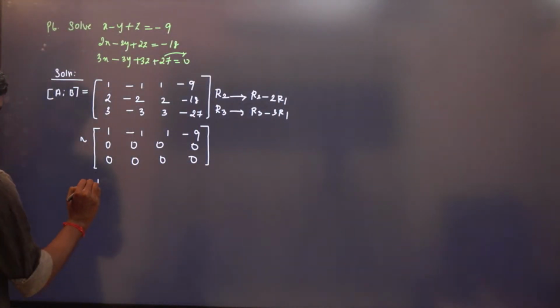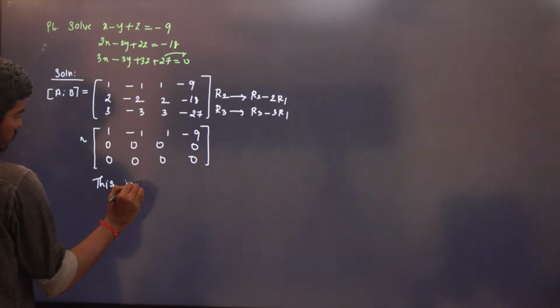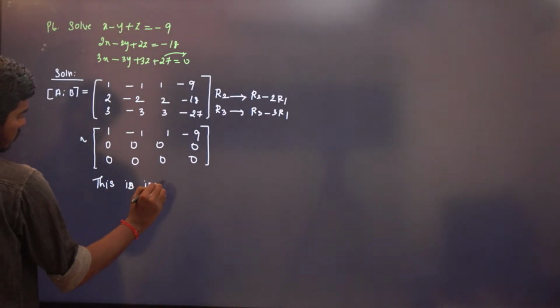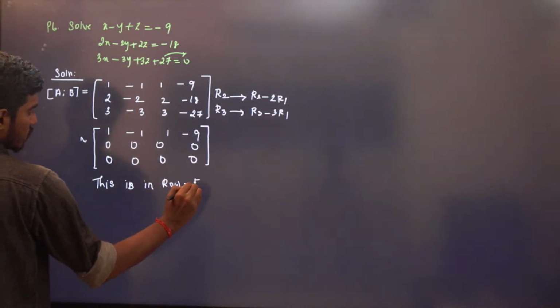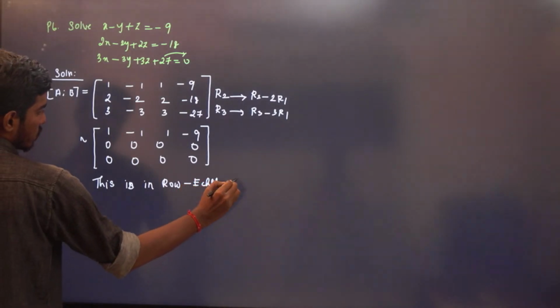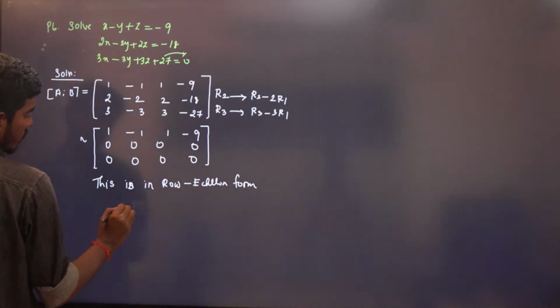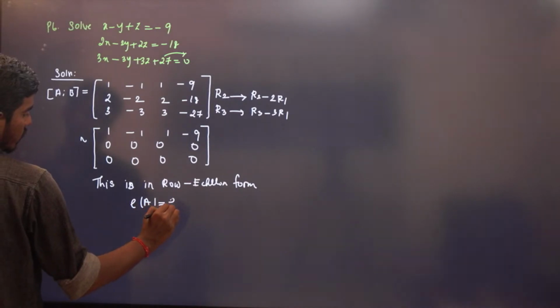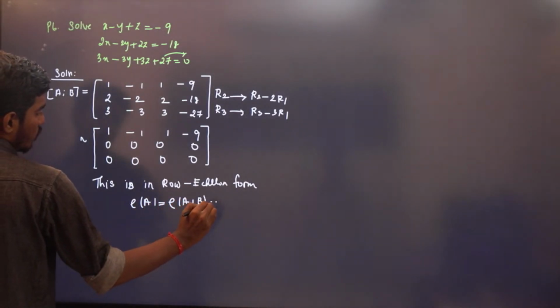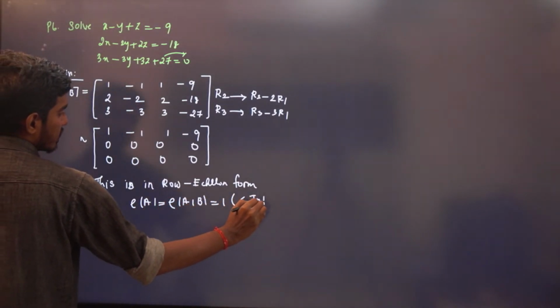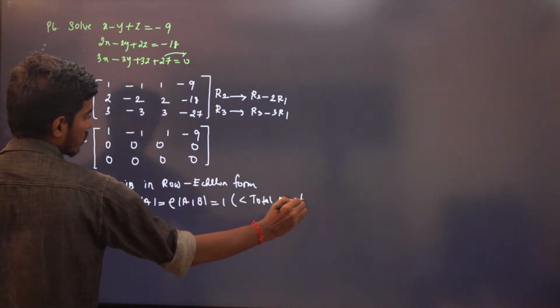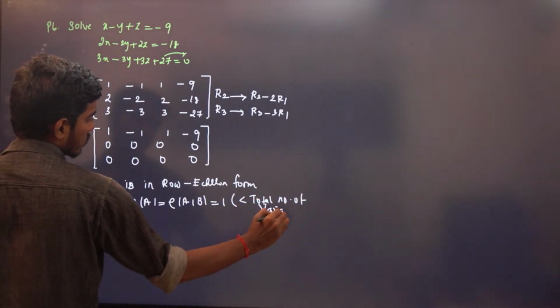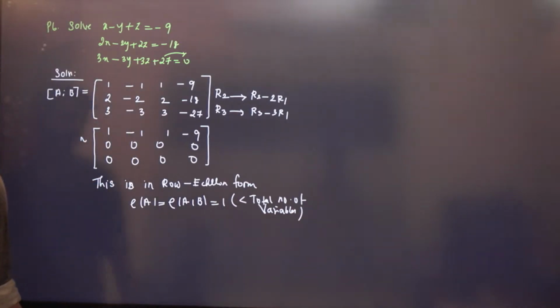So this is in row echelon form. Rank of A and rank of A comma B are both equal to 1 and less than the total number of variables.